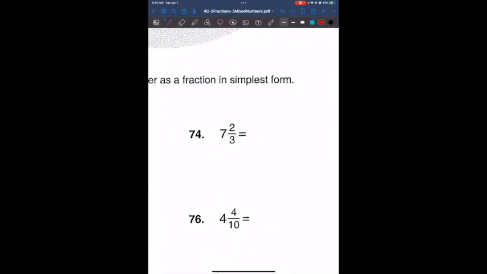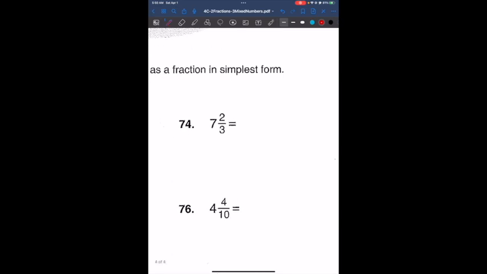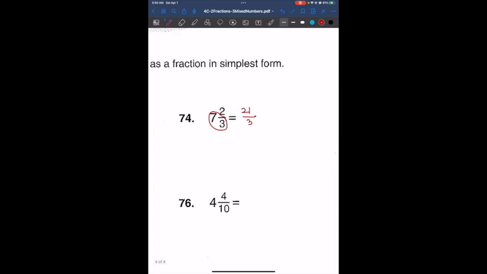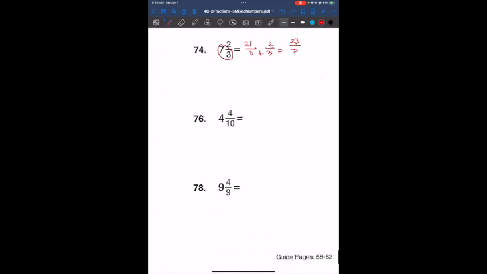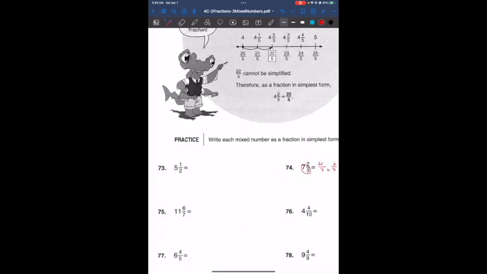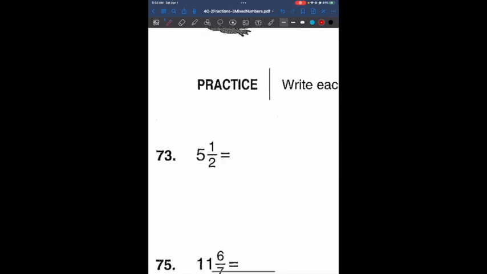Now writing 7 2/3 in simplest form into a fraction, we're going to multiply. So it's going to be 21/3 plus 2/3, and that's going to be 23/3. Now for problem 6, we skipped 73, I'm sorry.